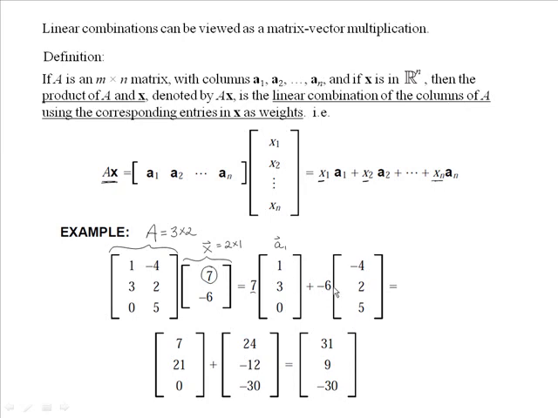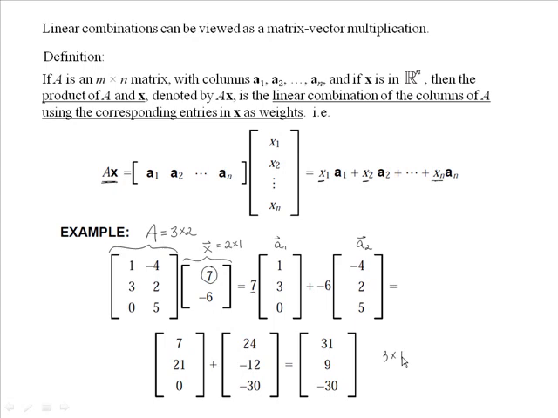And then we'd have negative 6 times the second column of A. And we would simply distribute and multiply, in this first case, 7 by each entry and get this vector here. Same thing with negative 6. And then we would add the individual entries up. So when we multiply A times X, we get a vector that is a 3 by 1.